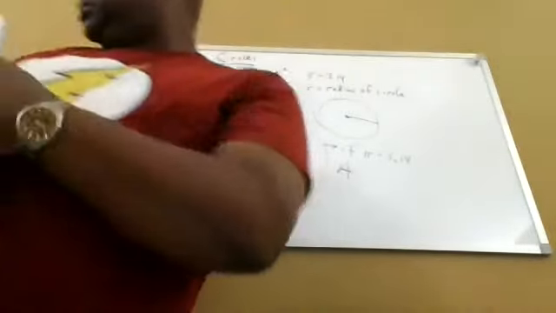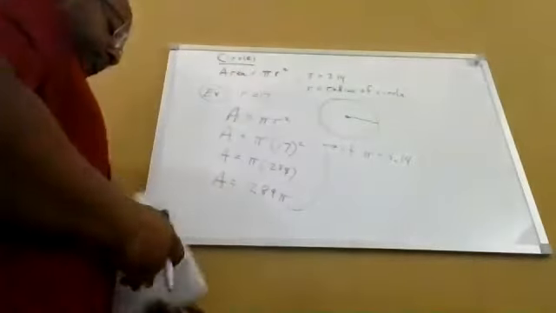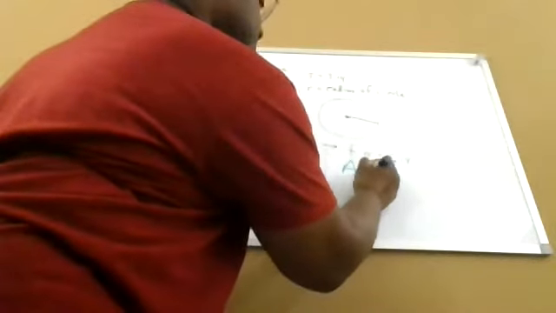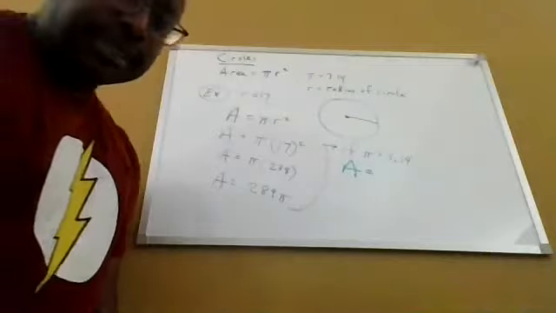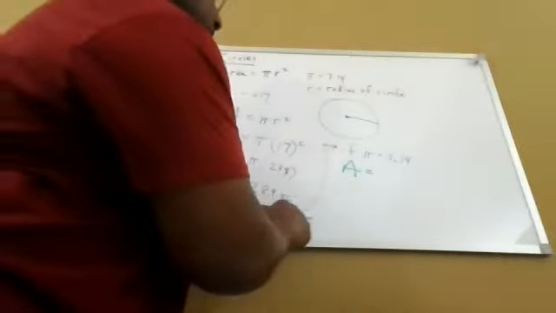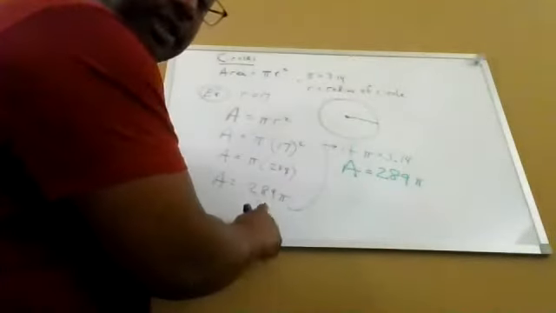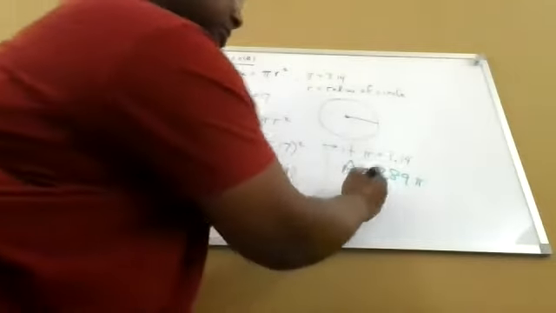Let's get another one. That's showing up. Yep, it is good. Okay, A equals 289 times pi from over here, just rewriting it here.